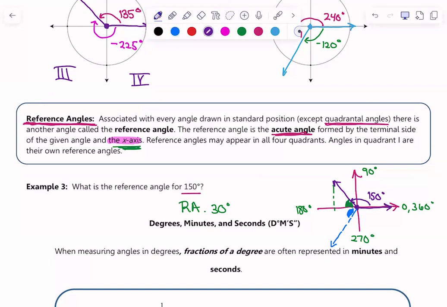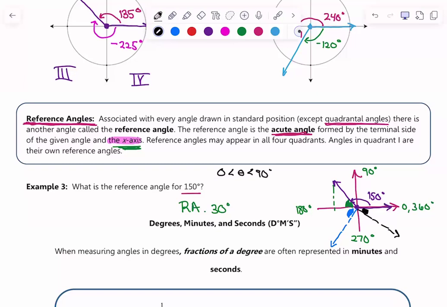However, if your angle is over here in quadrant 4, this is your reference angle. So now you're doing 360, take away that reference angle. The key thing with a reference angle, it has to be between 0 and 90 degrees. Okay, so you'll never have a negative reference angle and it can never be bigger than 90.